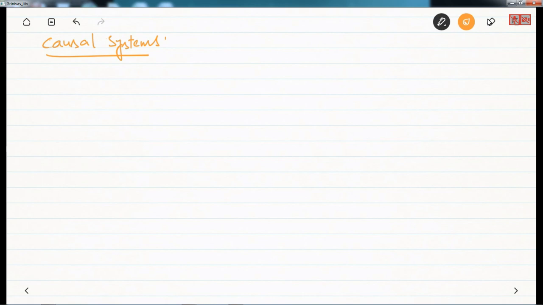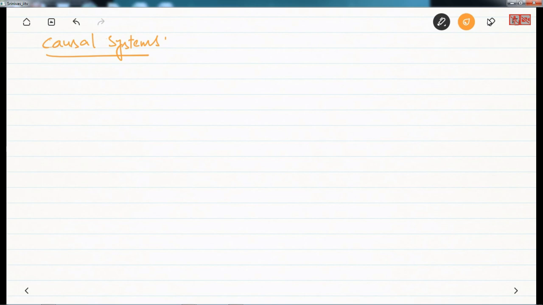If at any given time the output of a linear time invariant system depends on the input at its current value and the past values, it's called a causal system.